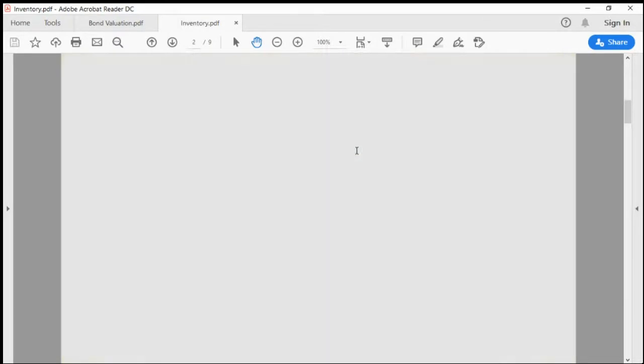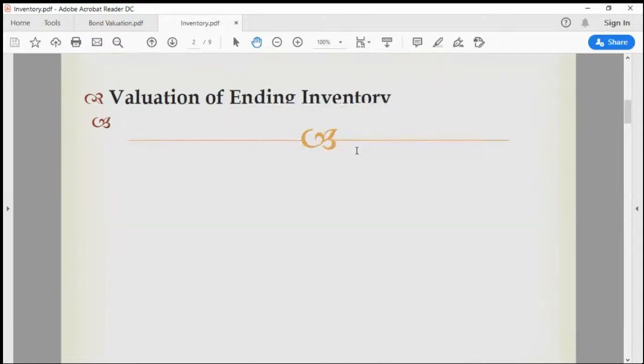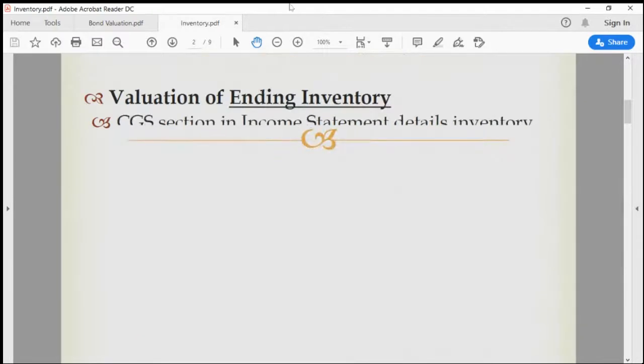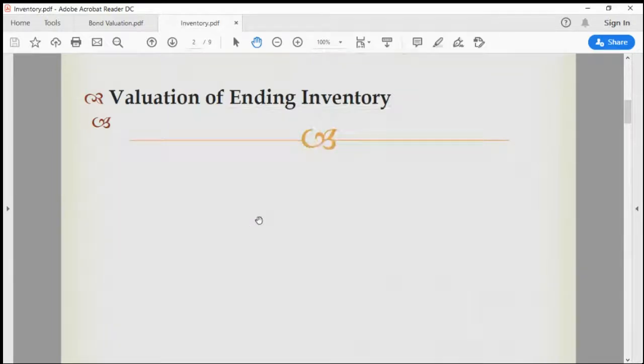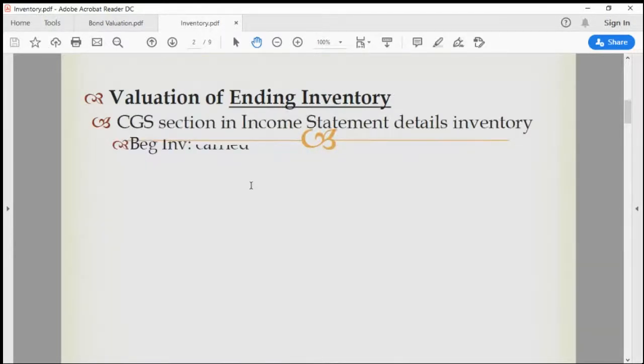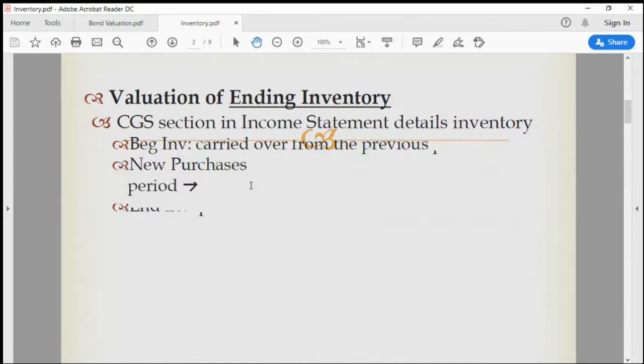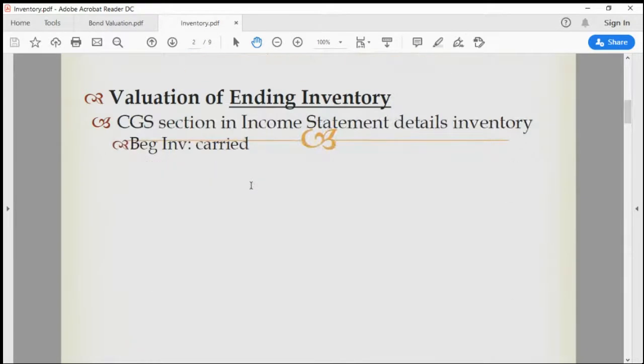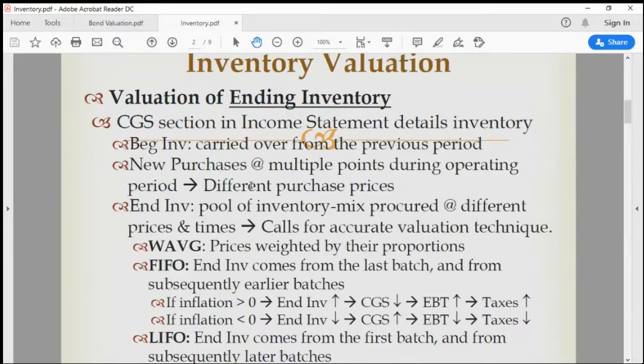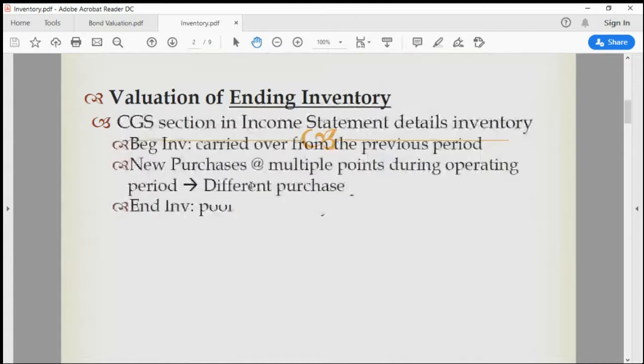So then think about it. Inventory is basically in the CGS section of the income statement. The CGS section consists of beginning inventory, net purchases, ending inventory, and CGS.